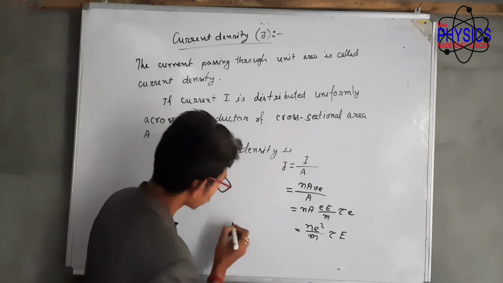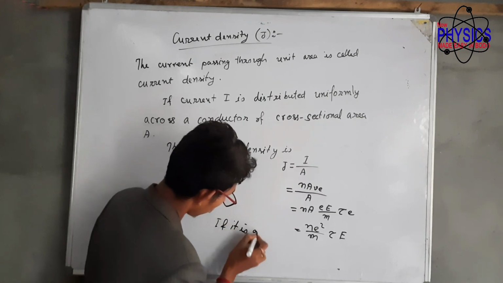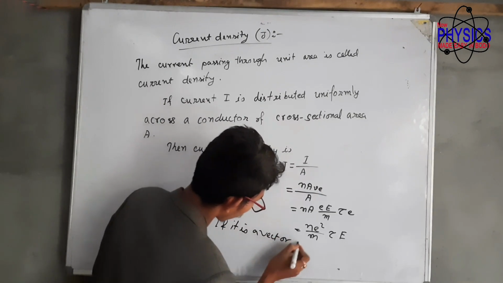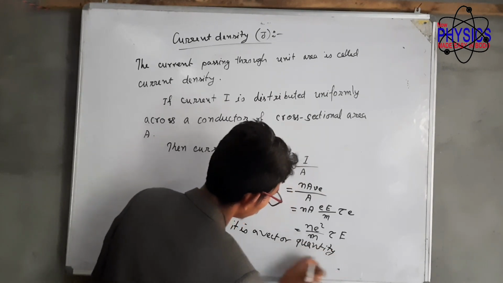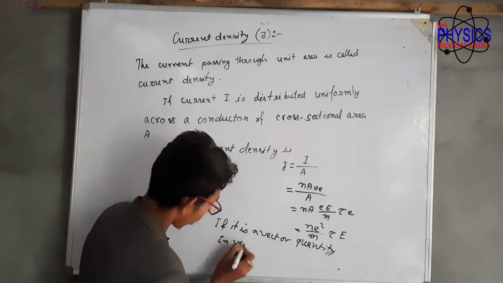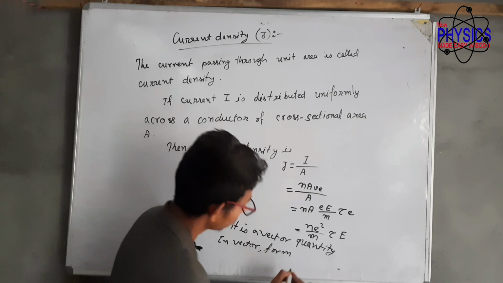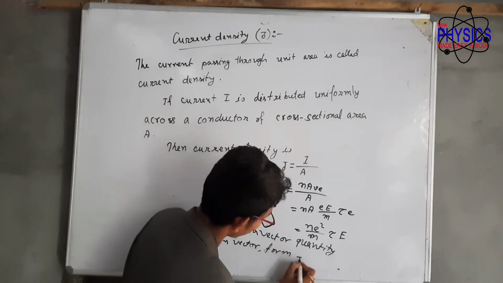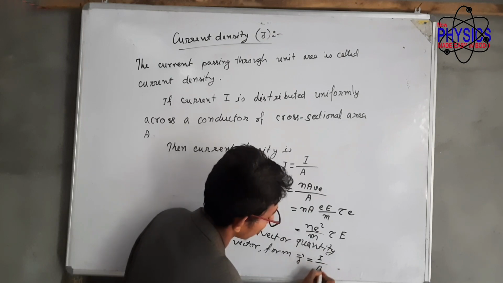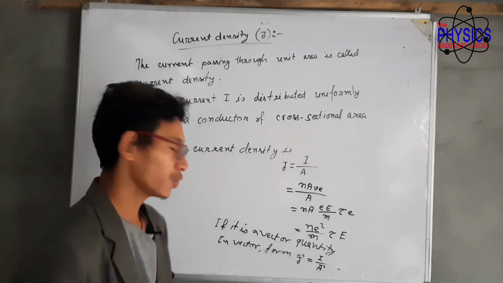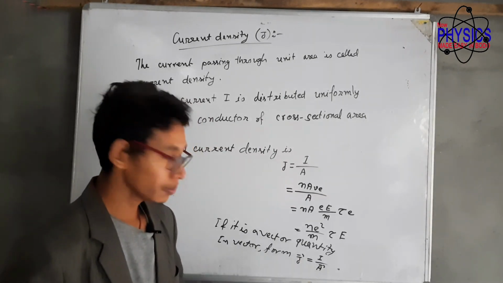It is a vector quantity. In vector form, vector J equals I by A. I is a scalar quantity, J is a vector quantity.